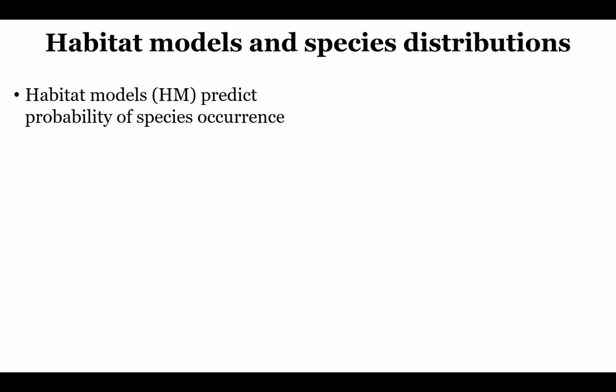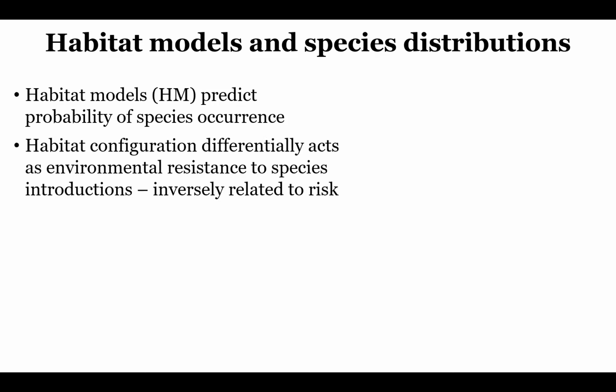The basics of these models is that they can predict the probability of occurrence of species, because the habitat configuration may act as environmental resistance, meaning that species may be adapted to use that habitat or not. We can use this idea inversely related to risk.